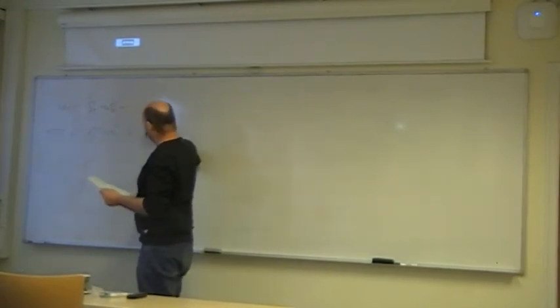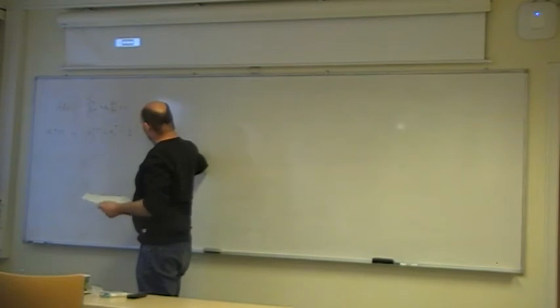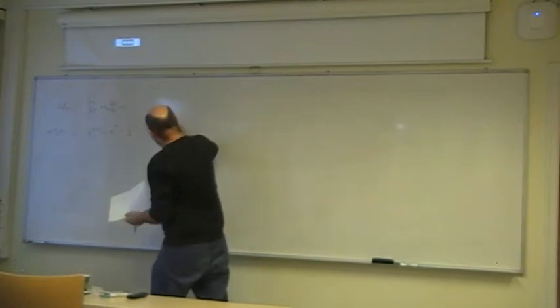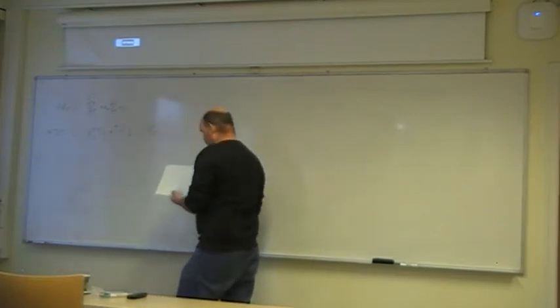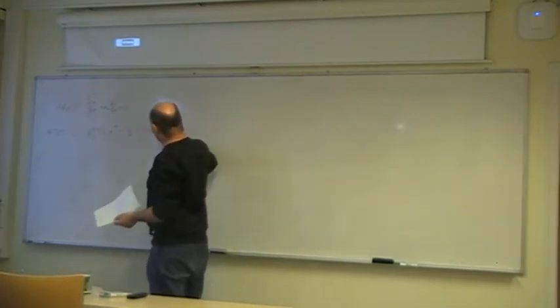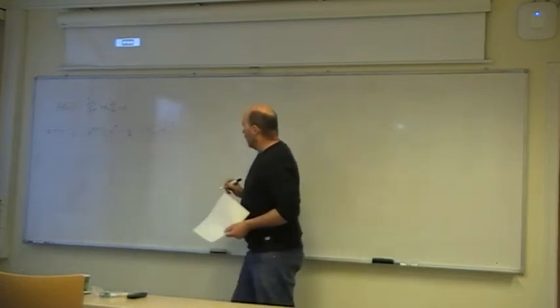u_j^(n+1) equals center point, and then we had minus Courant number multiplied with u_(j+1) and then minus u_(j-1).